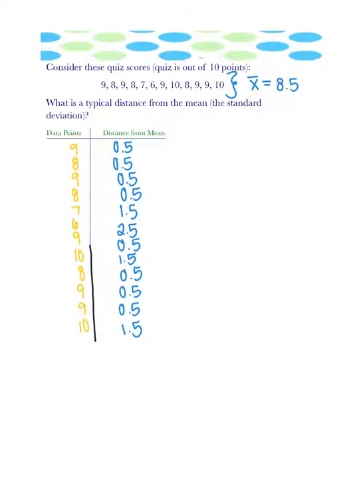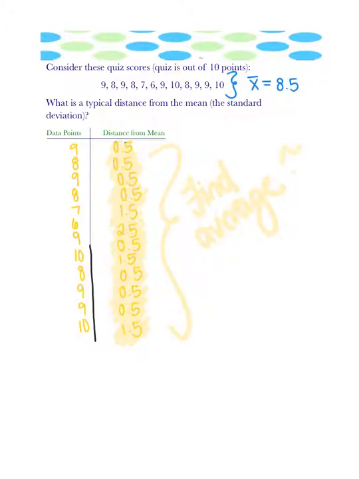So now, if I want to know what the typical distance from the mean is, I'm going to take all of these numbers. I'm just highlighting all of these in yellow. And I'm going to find the average of all these numbers right here. And that's going to give you an estimated standard deviation. So let's go ahead and calculate that.